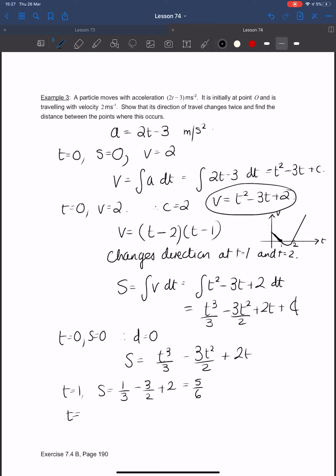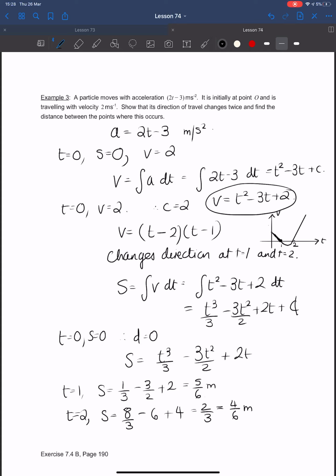Okay, and then when t is equal to 2, s is 2 cubed, which is 8 thirds, minus 3 times 2 squared, so it's 12 over 2, which is 6, plus 2 times 2, which is 4. So this is 8 thirds minus 2 overall. Now 8 thirds is 2 and 2 thirds, minus 2 is 2 thirds. I'll change that into sixths to be the same as the other one, 4 sixths, and these are meters.